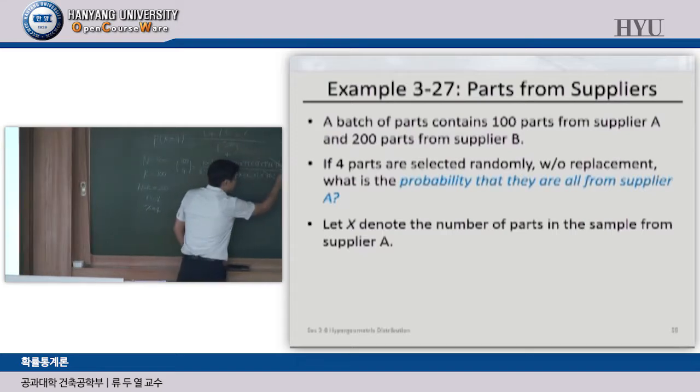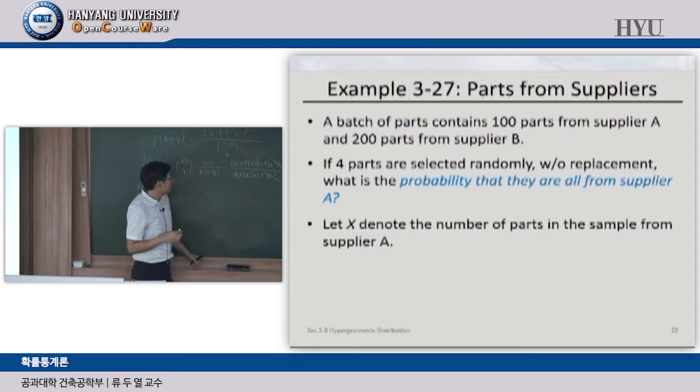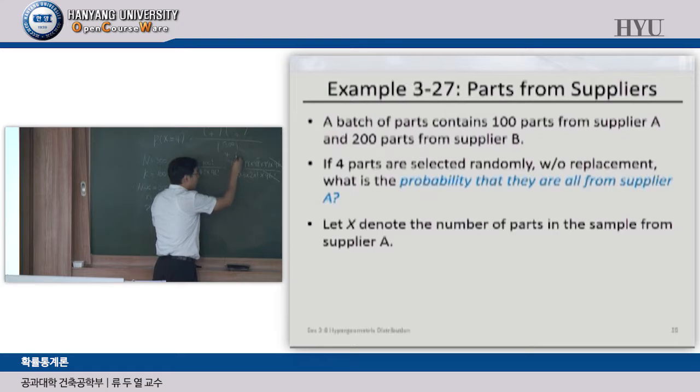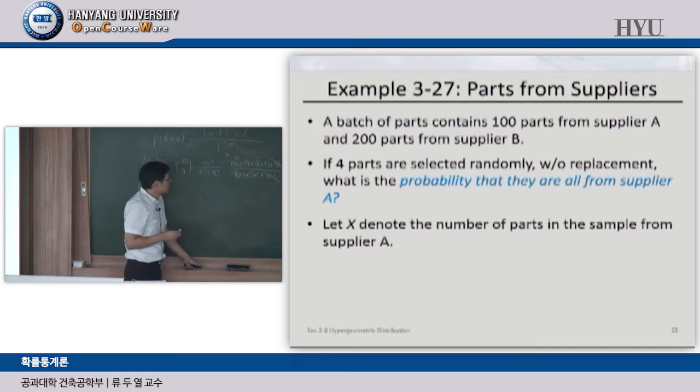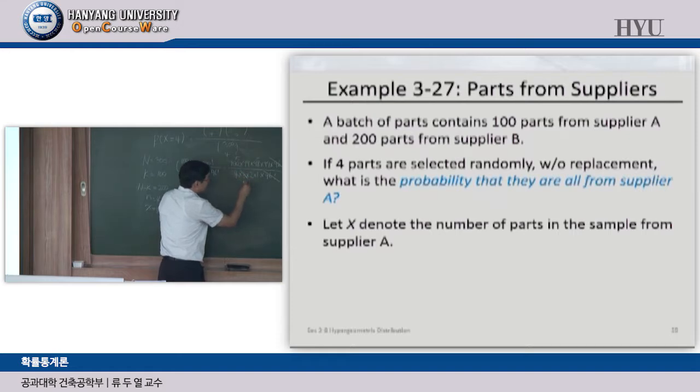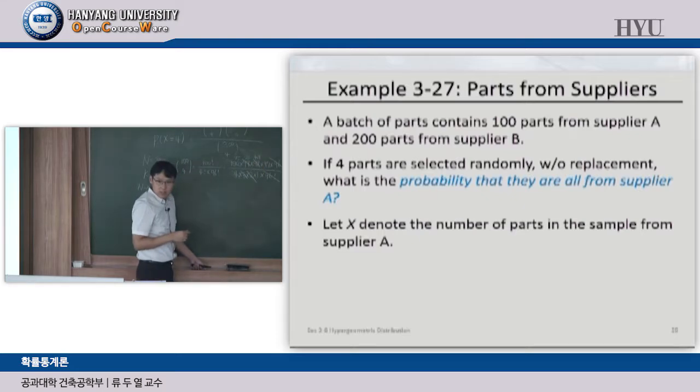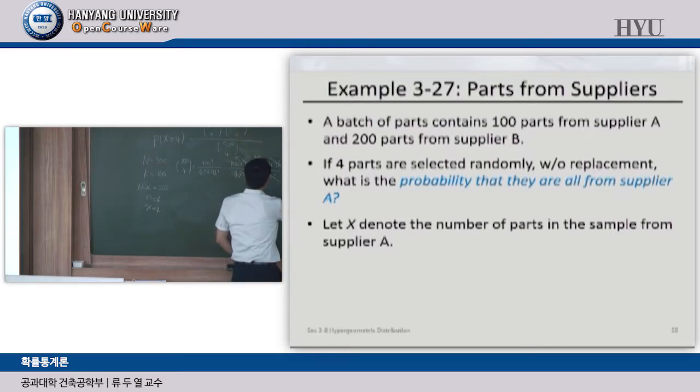So this can be eliminated, and 4 can be eliminated by dividing 100 by 4, and 25 is left. And 3 can be eliminated by dividing 99, and 33 is left. And 2 can be eliminated by dividing 98, so 49 is left. So this can be 25 multiplied by 33 multiplied by 49 multiplied by 97.